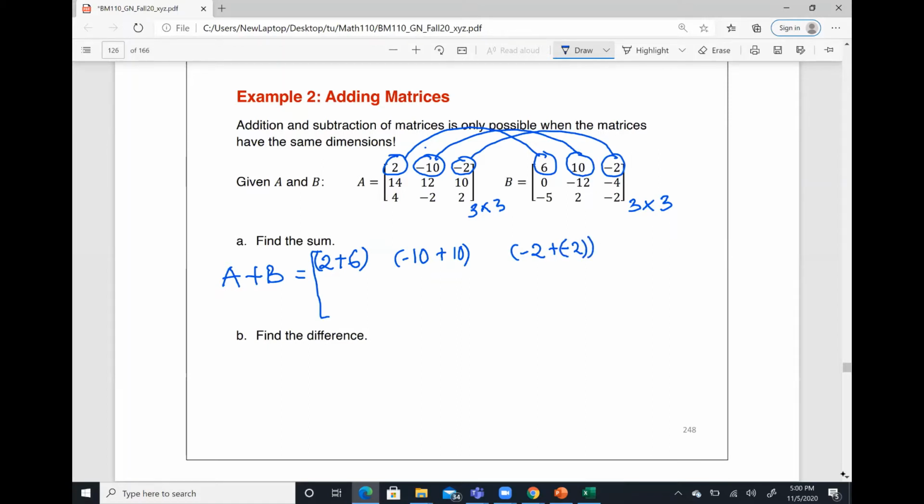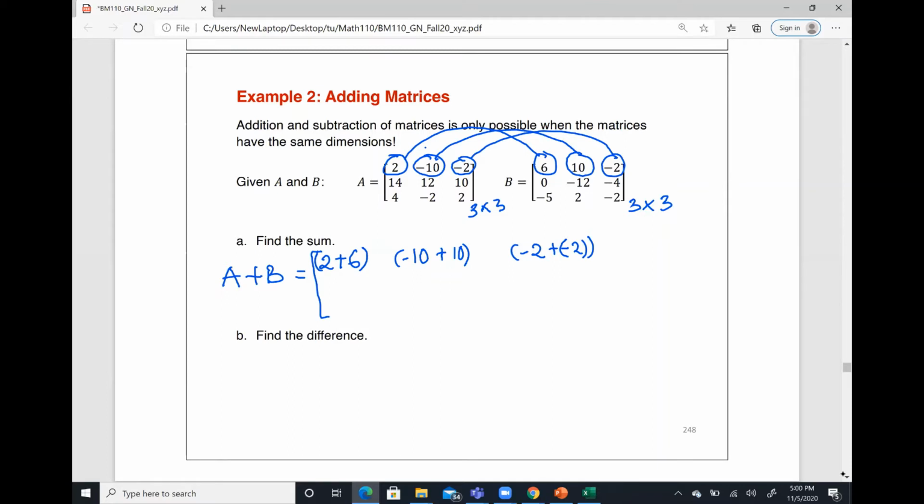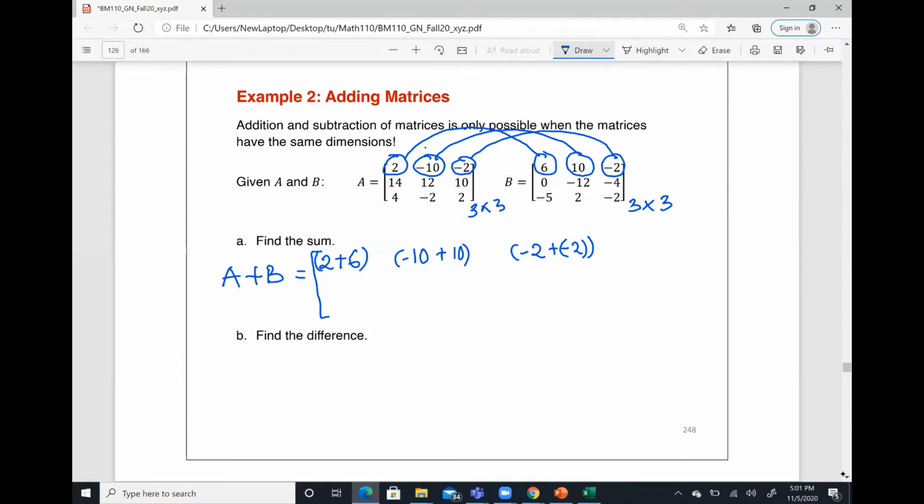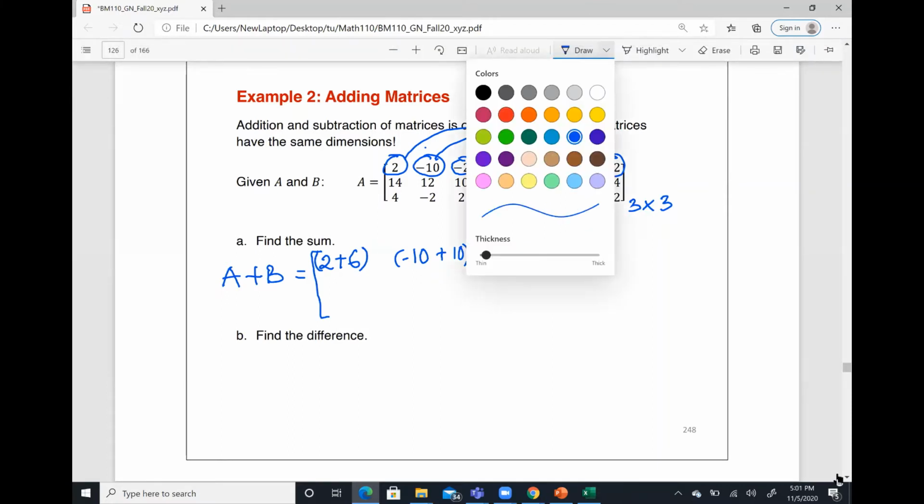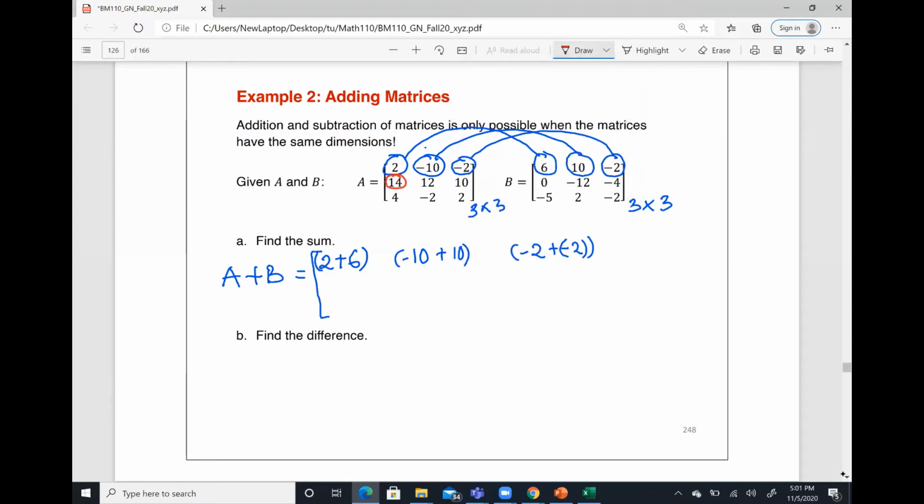Now we're going to move down. So 14 and 0, right? So 14 plus 0. And 12 plus negative 12. Then 10 plus negative 4.